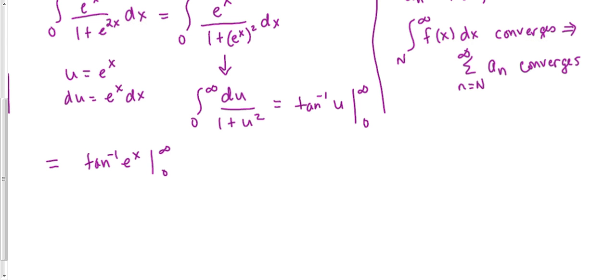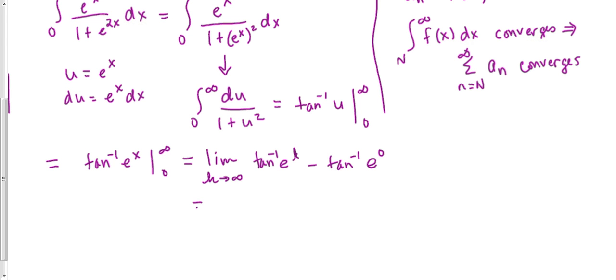But when we go to substitute in our limits, we can't really have e to the infinity. So when I substitute in infinity, I'm really going to make this the limit as k goes to infinity of the arctan of e to the k. But I can just substitute in x equals 0. So that's going to be the inverse tangent of e to the 0, which is equal to 1.